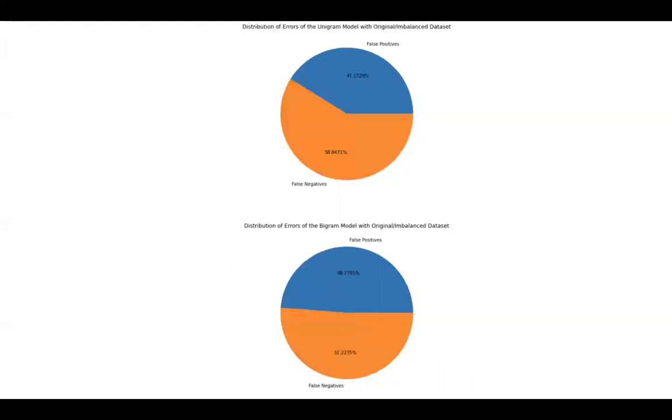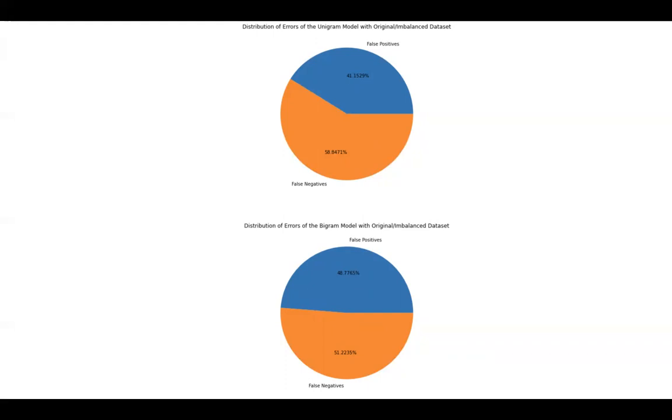So I wanted to see what made up the errors when we use the original data set, the one with the 90% positive, and our unigram model. We get around a 41% false positive rate and 58% false negative rate.